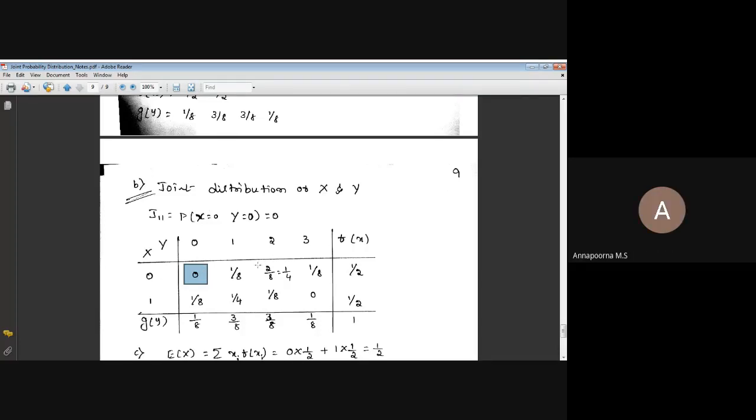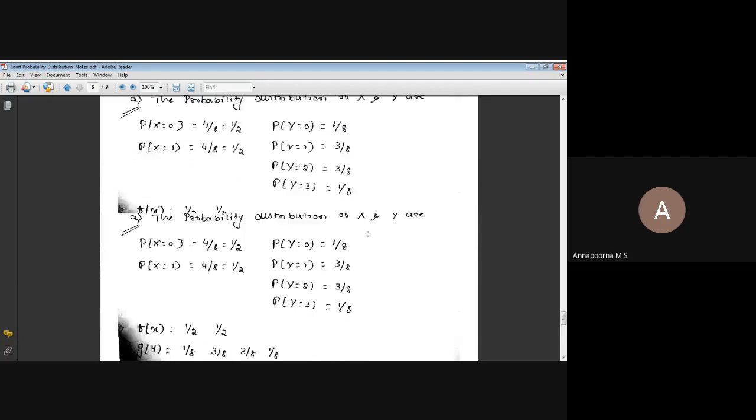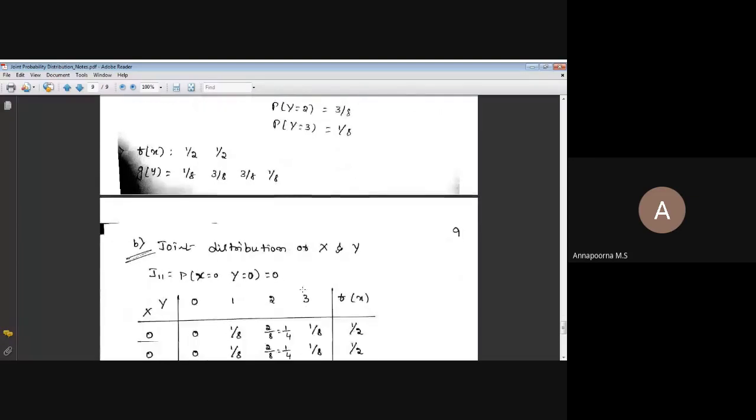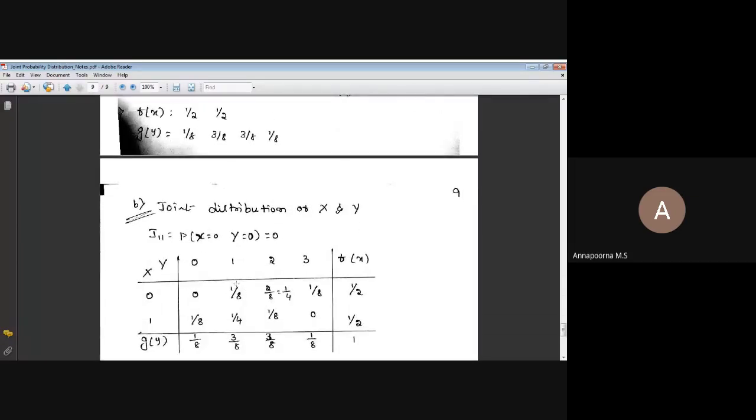No. Okay, so yes, see this number. How to get this number: x is 0 and y is 1. You can check here, x is 0, y is 1. See here, I am having one case, x is 0 and y is 1, out of 8 cases. So therefore J12 value is, sorry, 1 by 8.